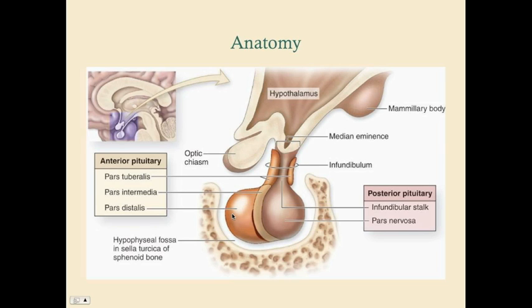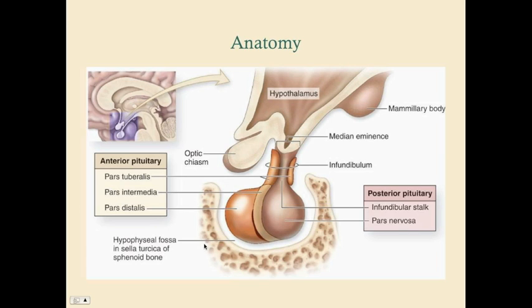The pars distalis, which is the main body of the anterior pituitary, which holds the hormones that it secretes, and then the pars intermedia, which is important because it releases melanocyte stimulating hormone, which is stimulated to be released by corticotropin releasing hormone, which also stimulates the release of ACTH.